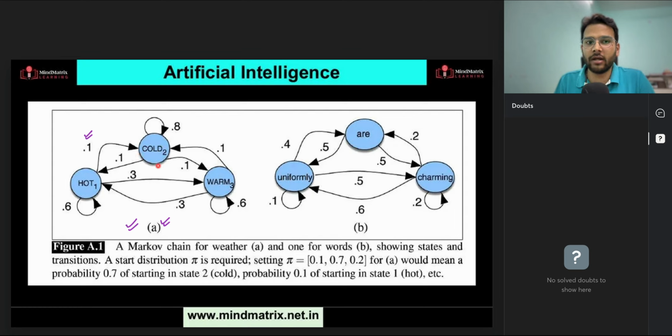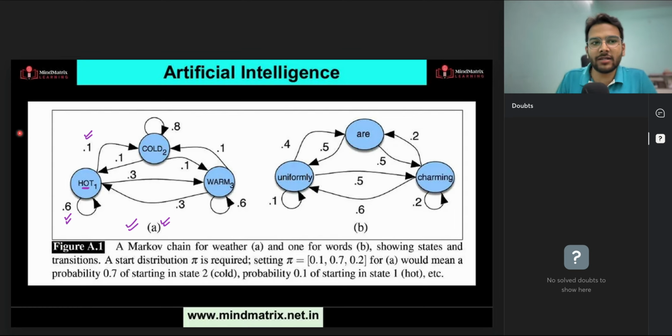The second thing is that on these edges you have the probabilities: the probability that you are present at the current state and you are going to the next state. Similarly here, for the hot state, what is the probability that the next state is also a hot state? There is a self loop for that, and the probability is 0.6. This is a Markov chain.